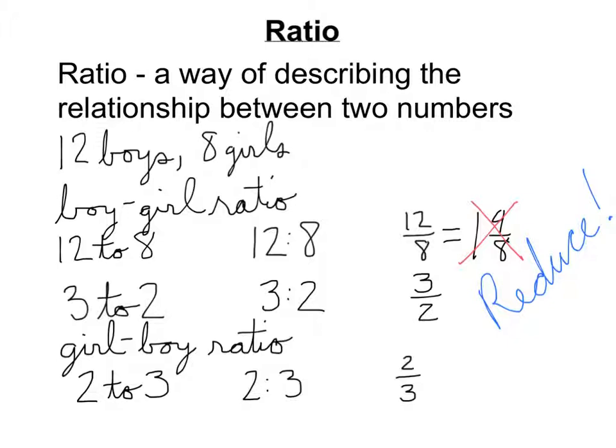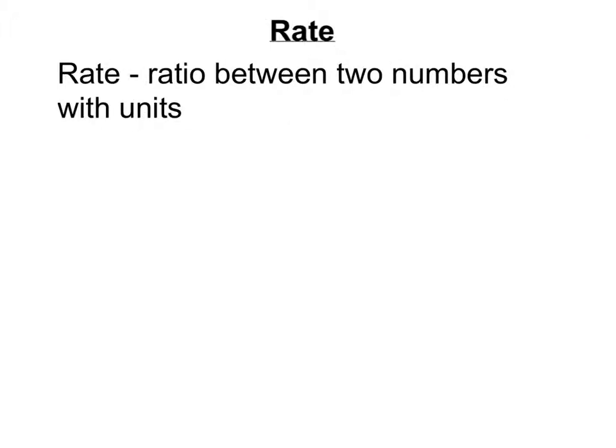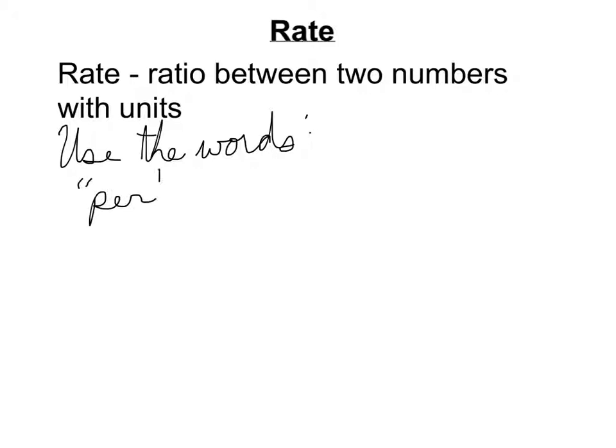Moving on in 3, 2, 1. A rate is a ratio between two numbers with units. And they use the words per, for every, and each.